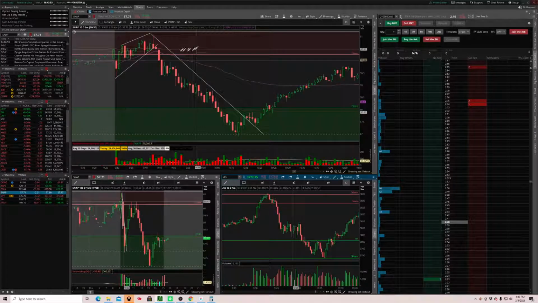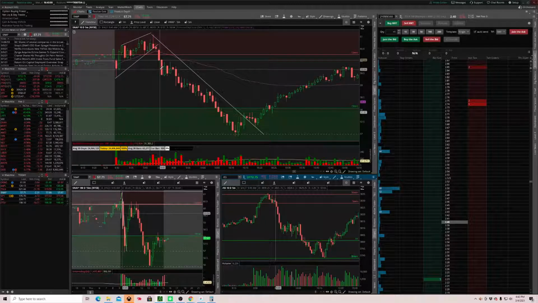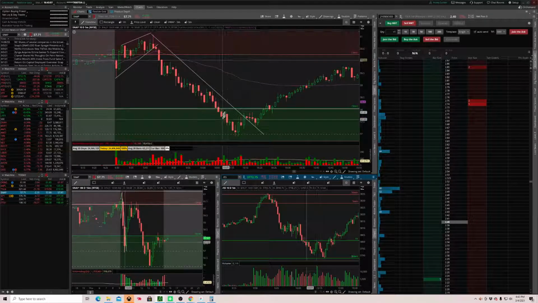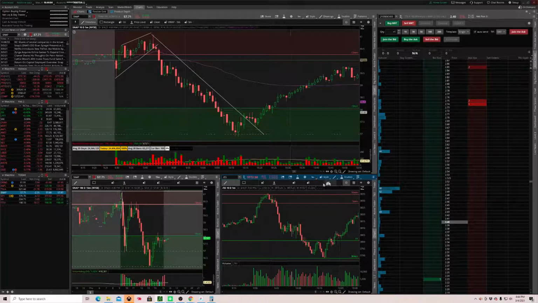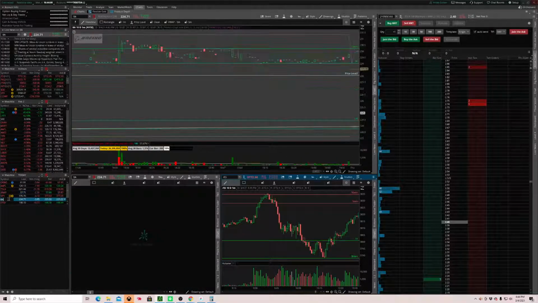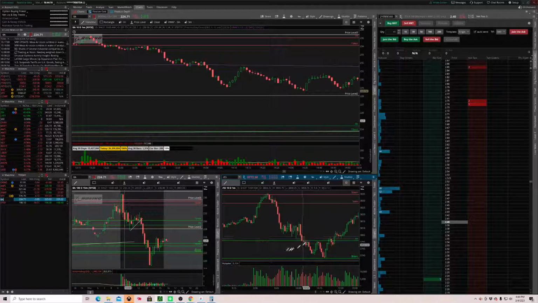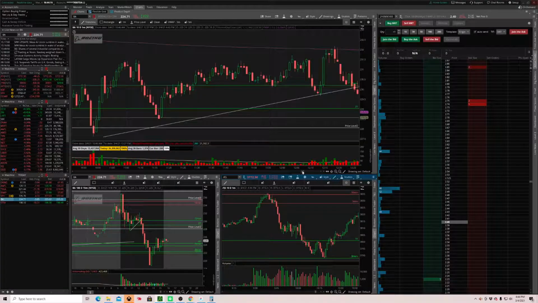Now, the first thing is these zones are just maps. They're not actual areas where you actually have orders. The reason why this is a very big thing that I need to consider is when I consider the BA rally yesterday.